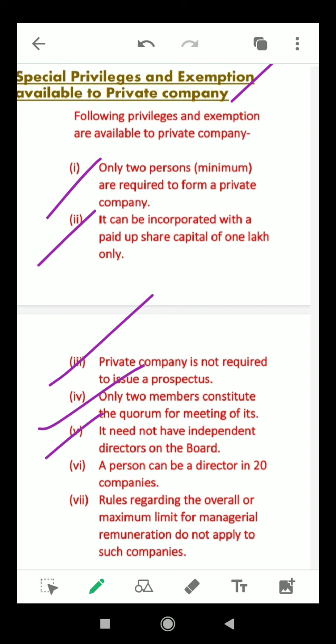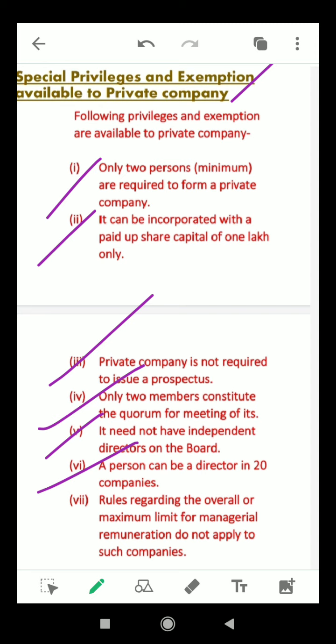Number 5 is it need not have independent directors on the board, because all directors of a private company can be non-rotational directors. Number 6 is a person can be director in 20 companies. That means a person can become a director in a maximum of 20 private companies, provided none of these companies is a public company.